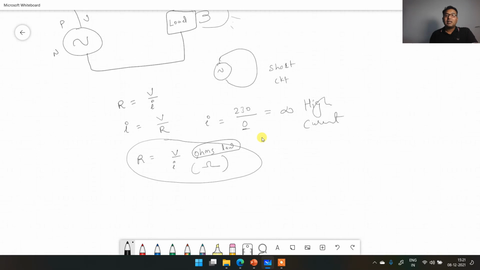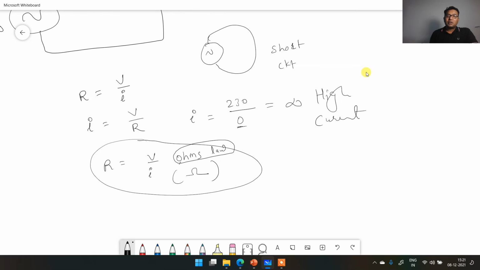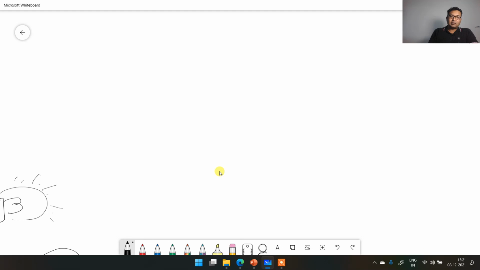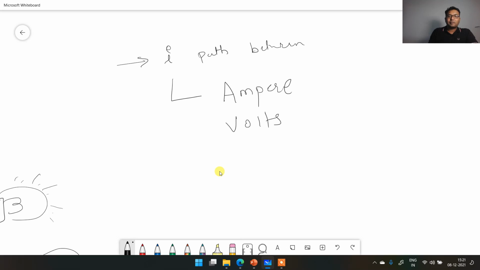So, to summarize, there will be a current flow whenever there is a path between electric points. This current is denoted in amperes. I told you the unit of voltage. So the current is measured in amperes, voltage is measured in volts, the frequency is measured in hertz, and the resistance is measured in ohms.